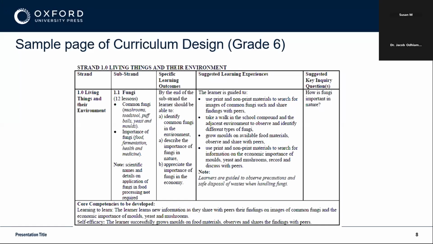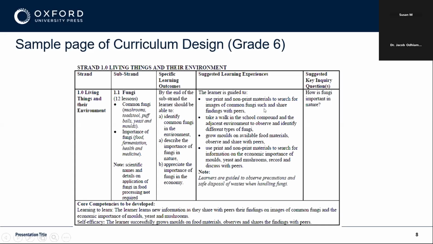For example, in bullet number 1, the learner is guided to use print and non-print materials to search for images of common fungi such as mushrooms, and share findings with peers.